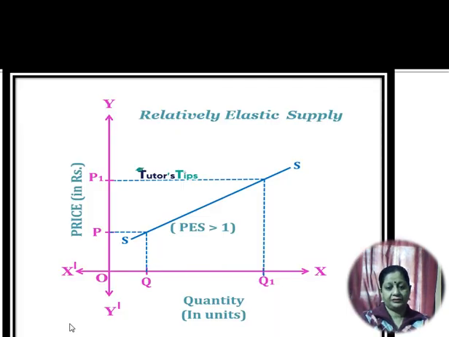So this is the figure, where P1 is the price and Q1 is the quantity supplied. So from P to Q and from P1 to Q1 you can see a huge difference. So that is known as the relatively elastic supply.